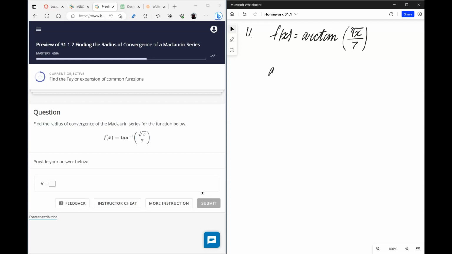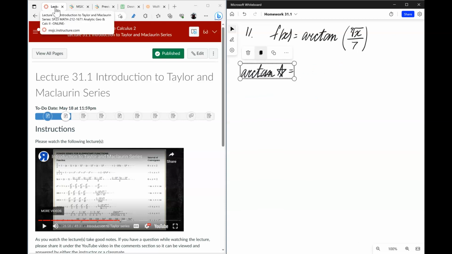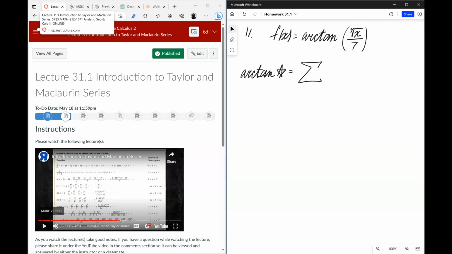Same thing. We know that the series representing arctan converges to arctan for all the values between negative 1 and 1.